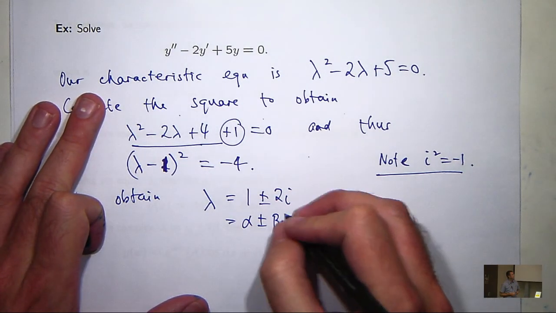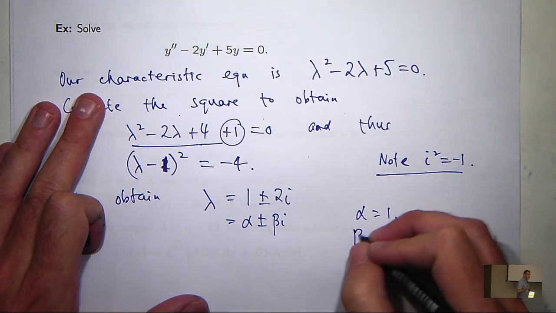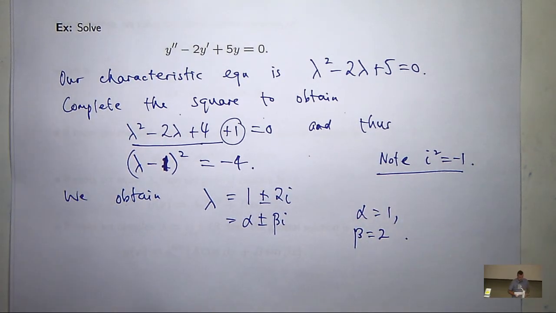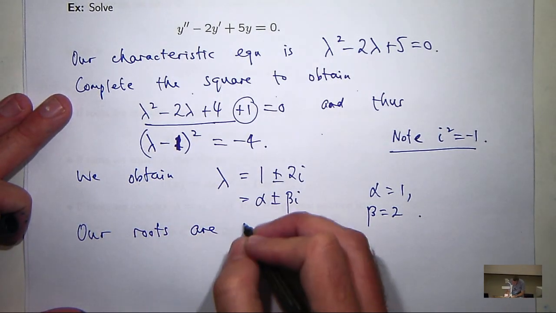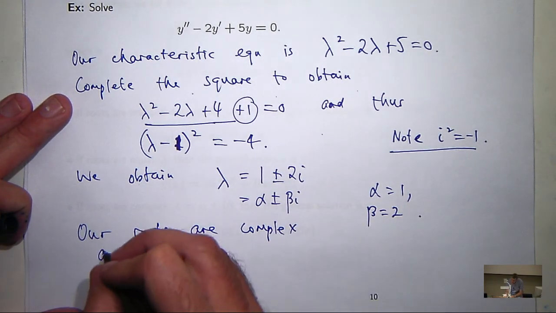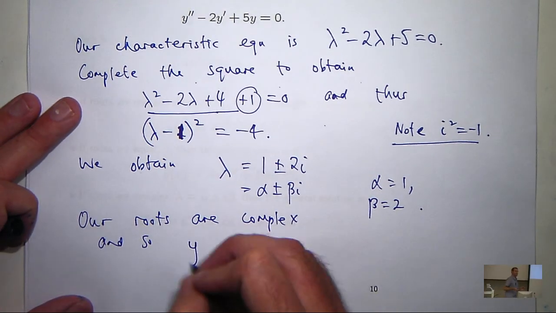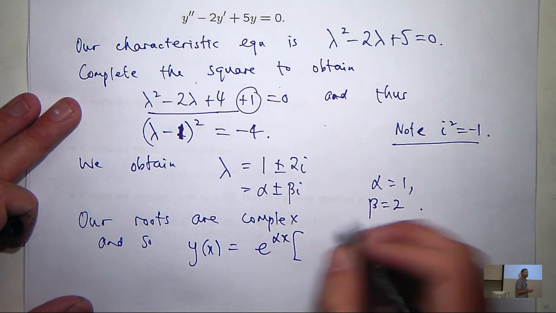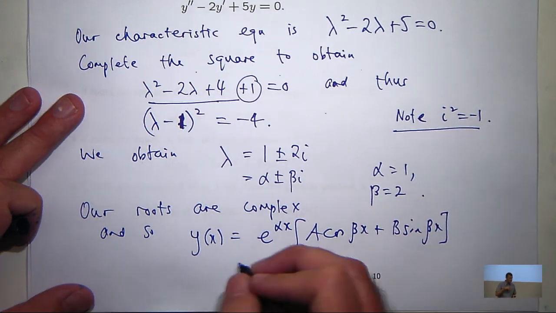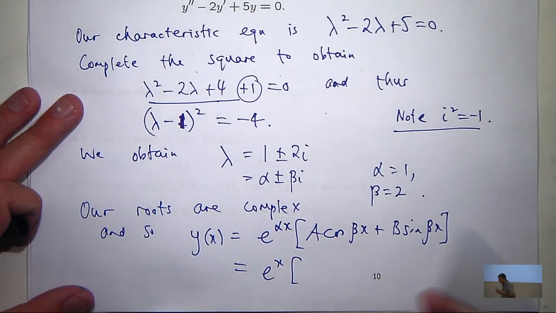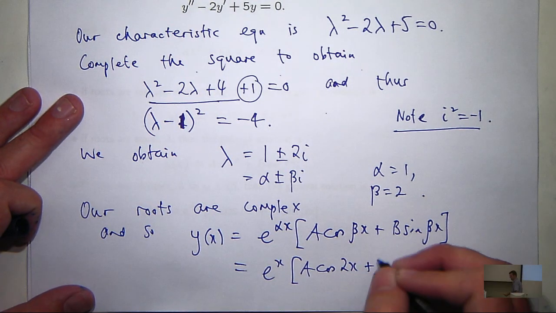And so our general solution is this. So we just, alpha's 1, so it's e to the x. Beta's 2. Big A and big B are constants.